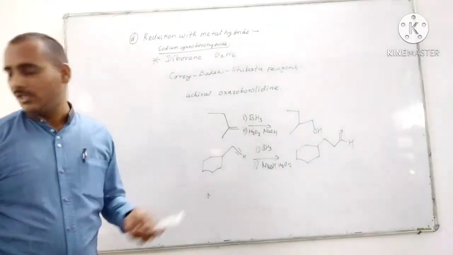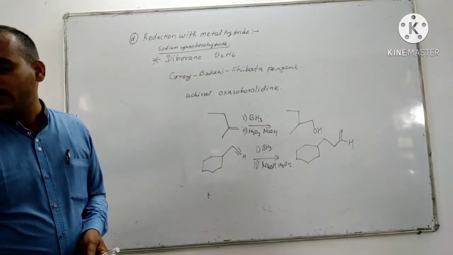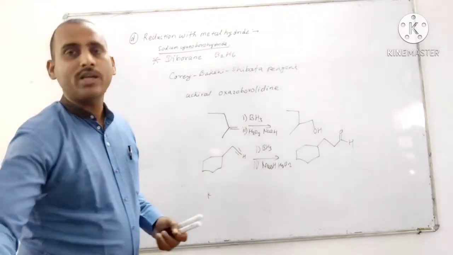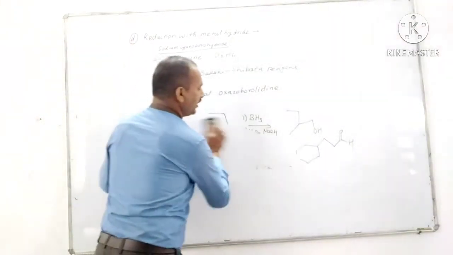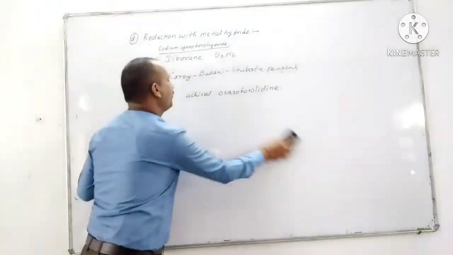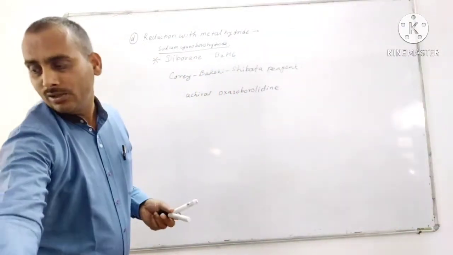And the reaction is stereospecific, that is H and OH on the same side. H and OH group present on the same side. That is stereospecific reaction. The hydroxyl group and hydrogen present on the same side.